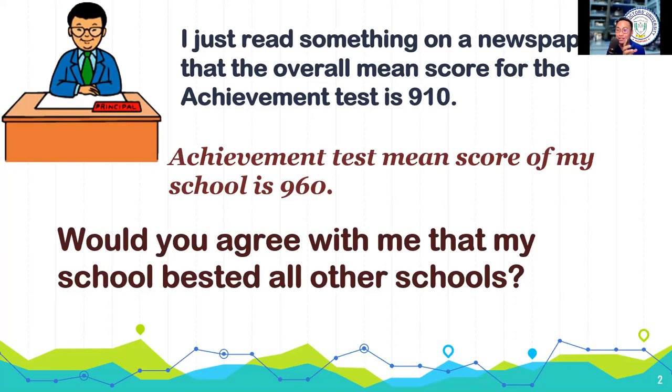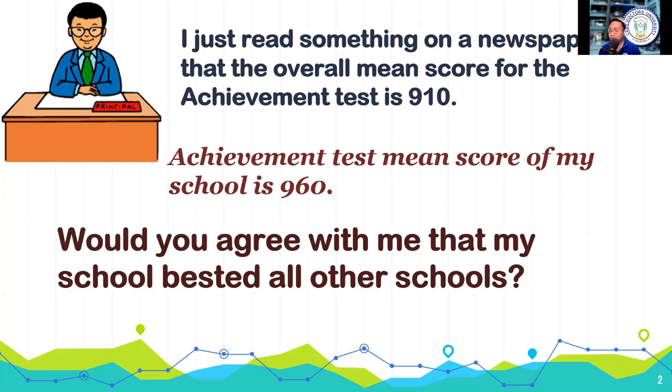So the idea here is also true. The overall mean score of all schools is 910. The sample here is one school only, which is the school of the principal, and he has gotten a mean score of 960. Now, if you're going to ask me, would you agree with the principal, sir, that the school bested all other schools? The answer is no.